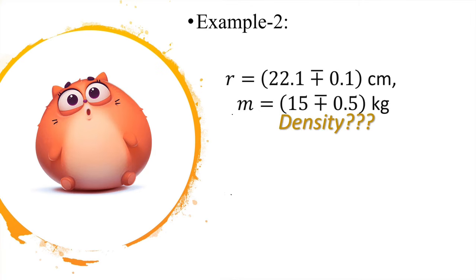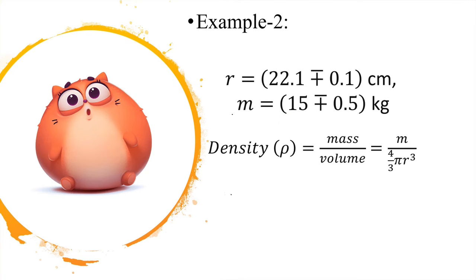Why would we measure the density of such a thing, you may ask? Maybe somebody like this guy is interested in it. We don't know. But let's calculate it. So we know that the density is equal to the mass over the volume, which is equal to the mass divided by 4/3 pi r cubed, assuming that this cat is a perfect sphere.